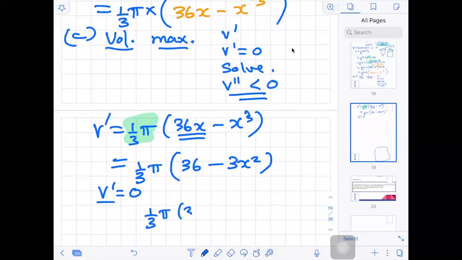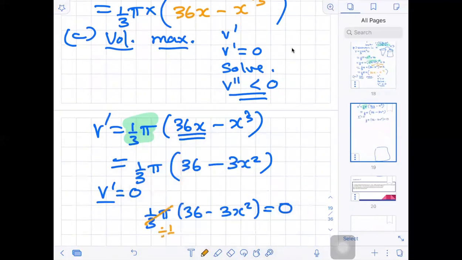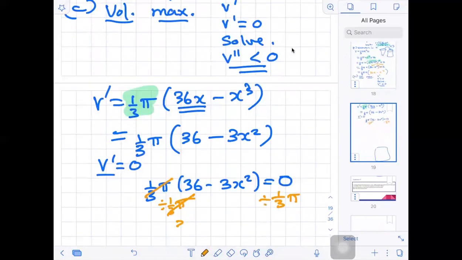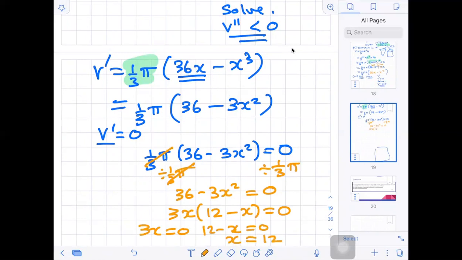And the beauty of the constant out the front is that it can cancel out because you just divide by 1/3 pi, and 0 divided by 1/3 pi is 0. So 36 minus 3x squared is 0. 3 is a common factor, so that'll be 12 minus x equals 0.